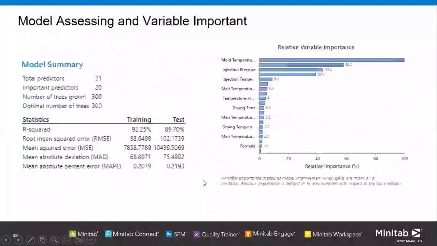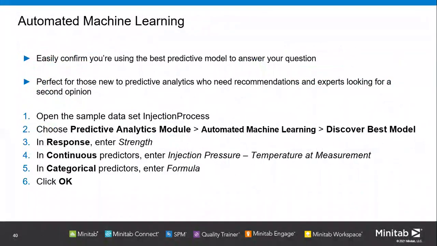In the Minitab Predictive Analytics module, we are able to see what we call automated machine learning. Automated machine learning will automatically run all the available algorithms for you, and then suggest the best algorithm to use.